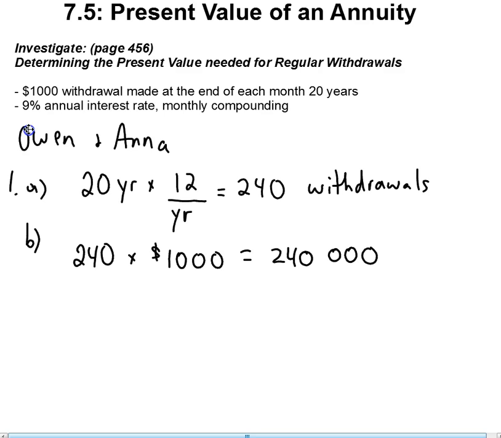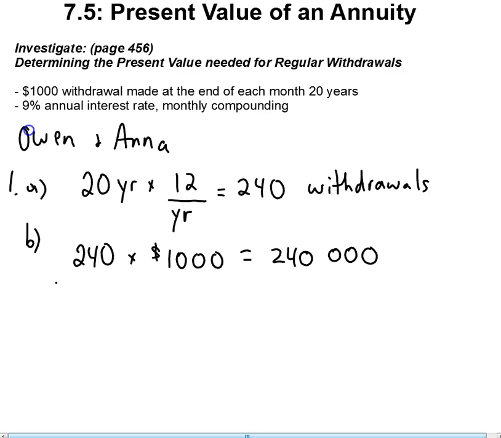The question asks here, do Owen and Anna need to have this much in their life savings account on the day they retire? So their retirement plan has them investing upon retirement a certain amount that will see them through to the end of their projected retirement years. Well, $240,000 is just the total withdrawn over those 20 years. If it's invested, there will be interest.